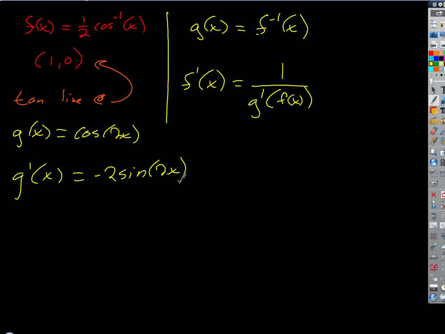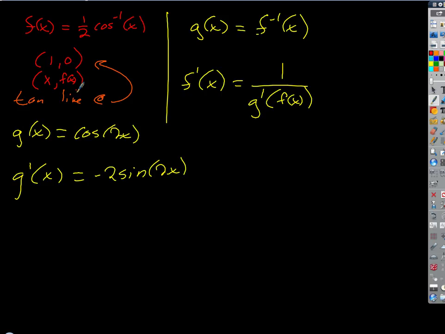Okay, so then the point that we had was at 1, 0, right? So then this is the point right here, x, f of x.